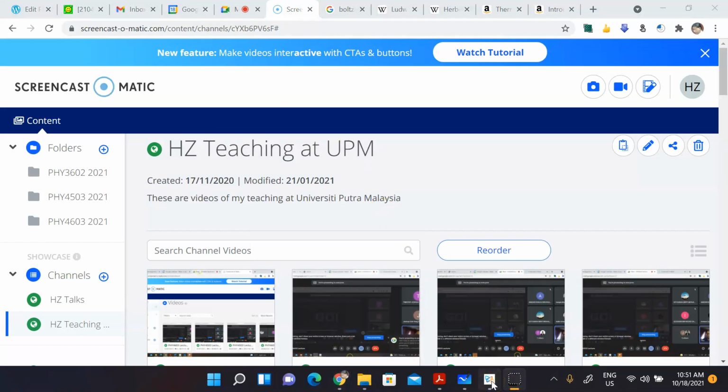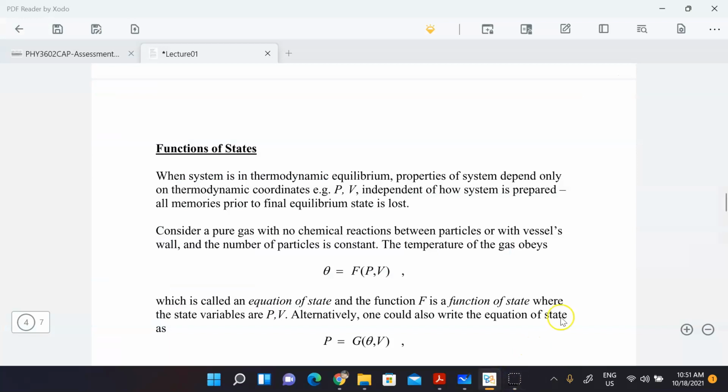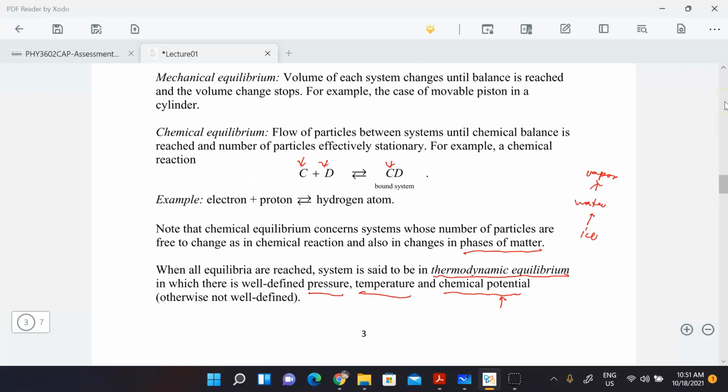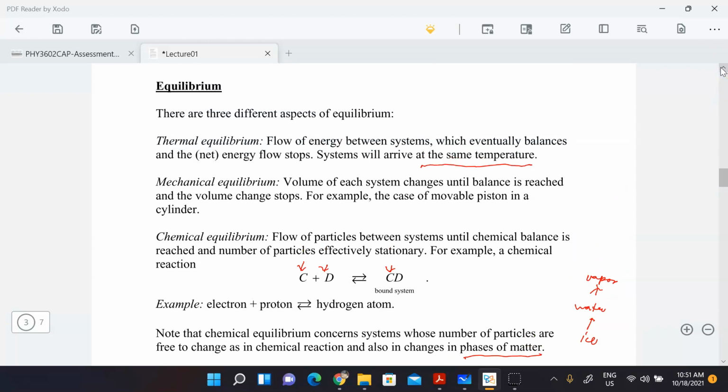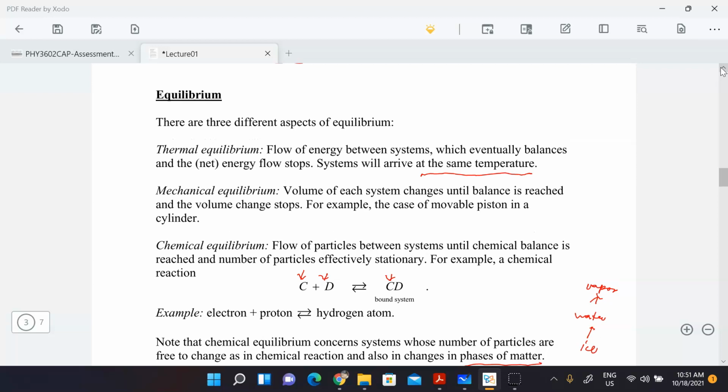Okay, let me go back to my notes. I've actually come to this particular point already, but I think probably I'll go back to this equilibrium thing. Did you get me speaking on equilibrium?